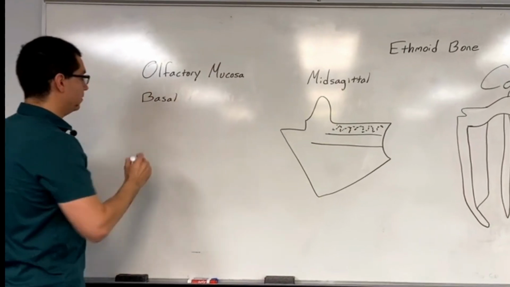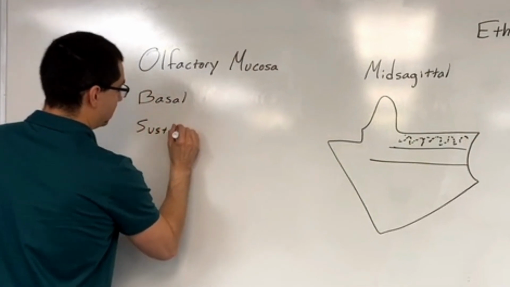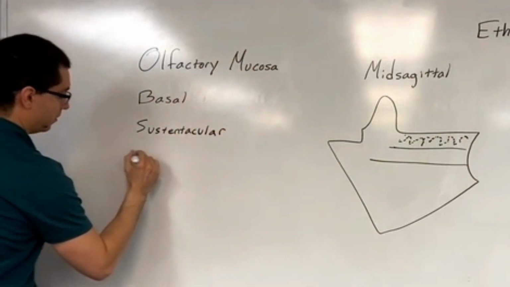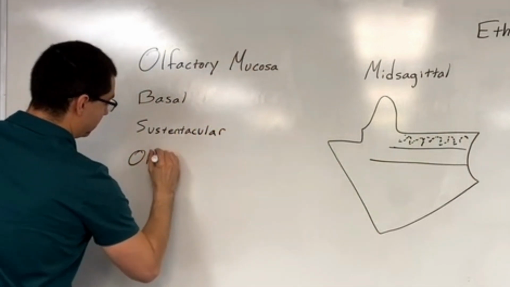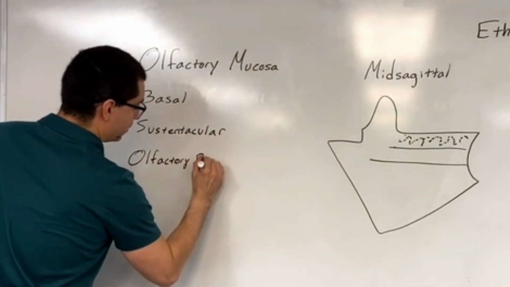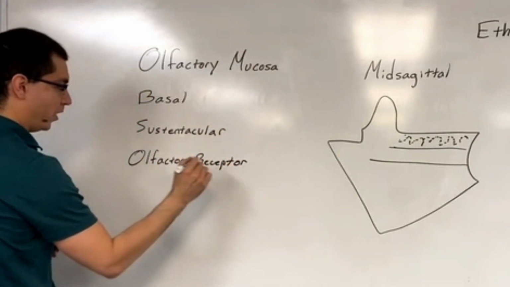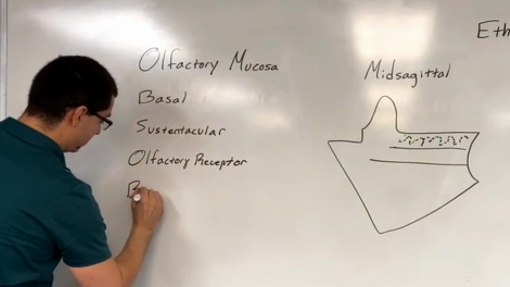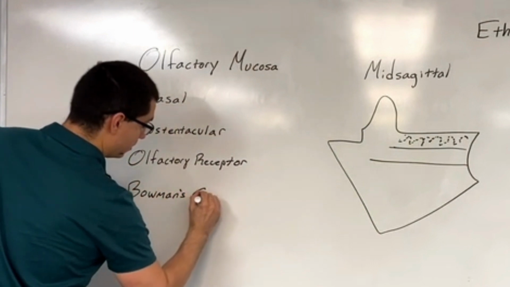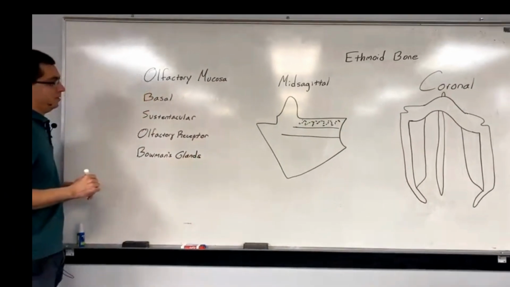Basal cells, sustentacular cells, olfactory receptor cells, and Bowman's glands.